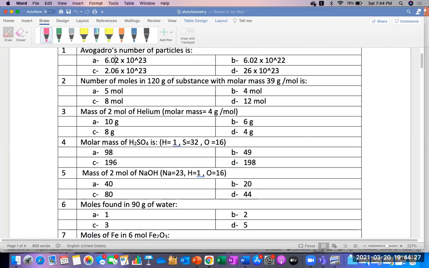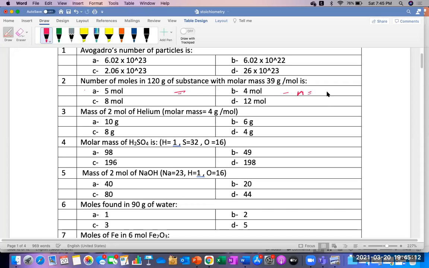Number of moles in 120 grams of a substance with a given molar mass. So he gave us the molar mass and he wants us to calculate the number of moles.